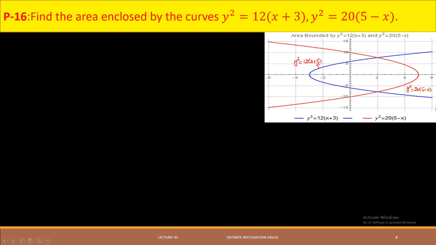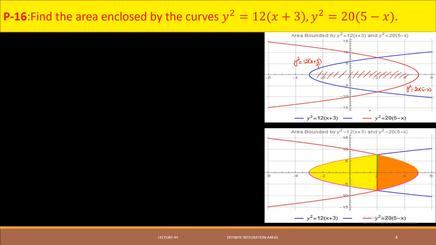Now we have to identify the area of the region enclosed by these two curves. This shaded region is the required region that we need to find out, and you can see that the entire region is split into two parts. One is shaded in yellow color, and the other one is shaded in the orange color.